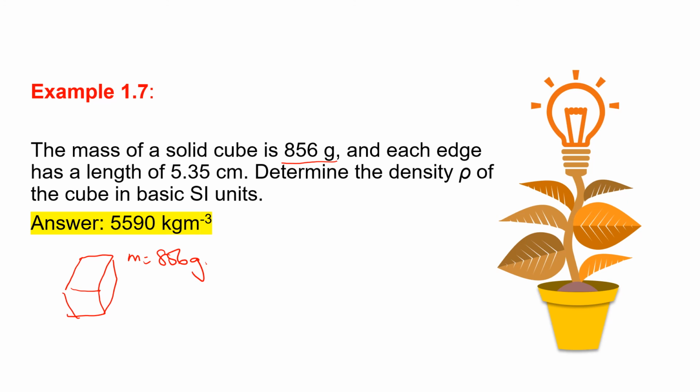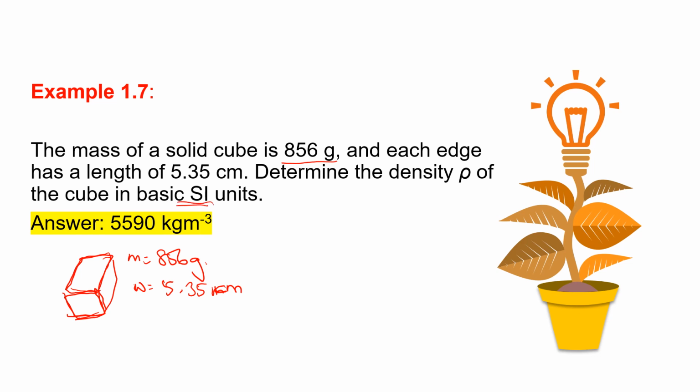And each edge has a length of 5.35 cm. The length of this side, we can call it W. W is equal to 5.35 cm. So, determine the density of the cube in the basic SI unit.